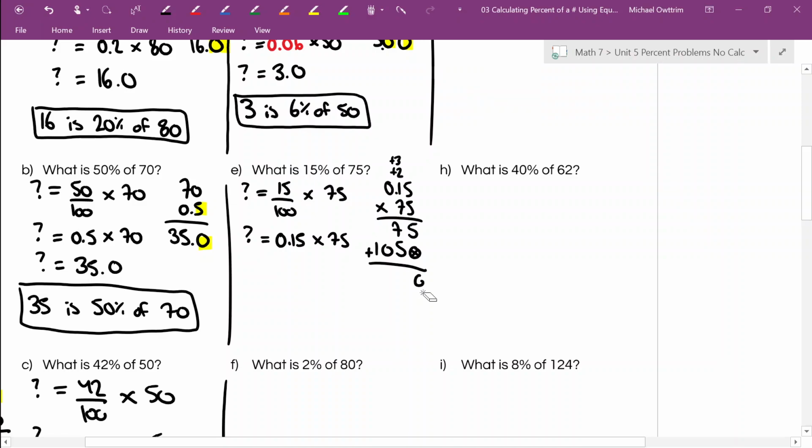Add them up. 5, 12, 1, 1. 2 digits in decimal places. So we can say our question mark is 11.25, and therefore we can say 11.25 is 15% of 75.